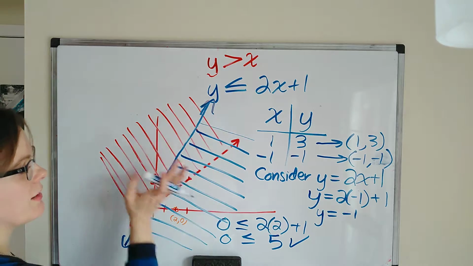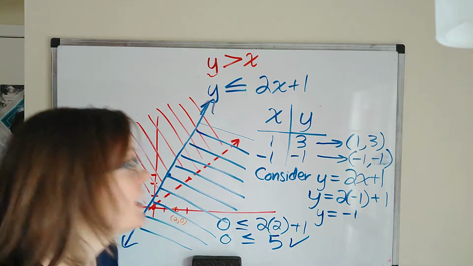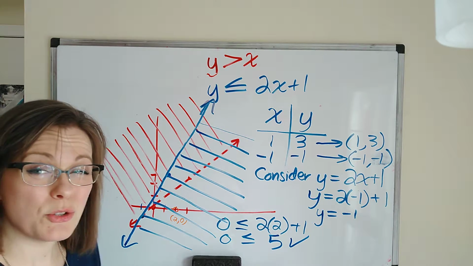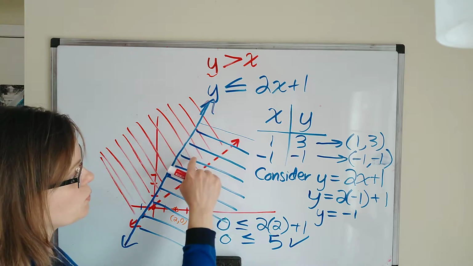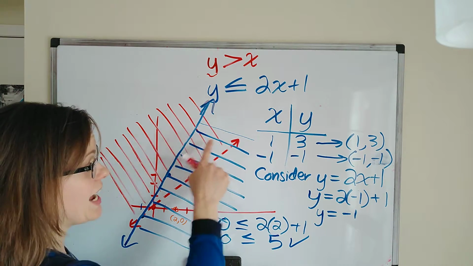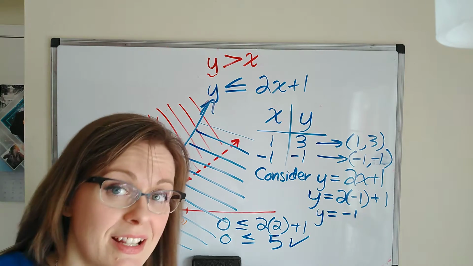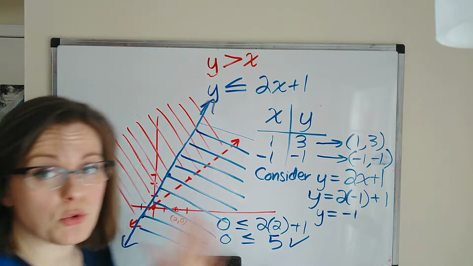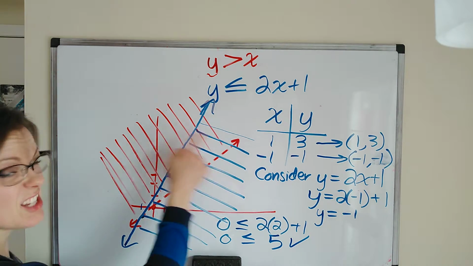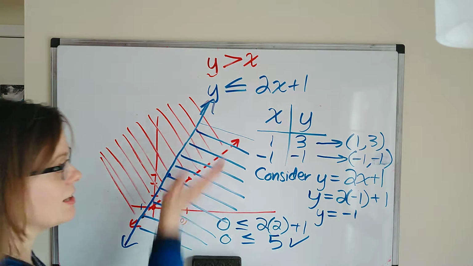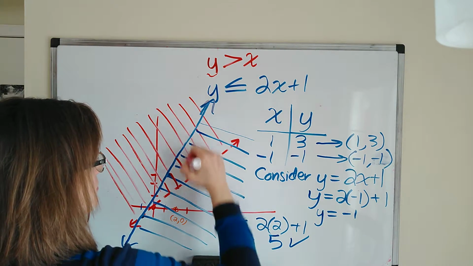So now I've graphed my first linear inequality, I've graphed my second linear inequality, and I see that my solution set is this space right here. It's where the red shading overlaps with the blue shading. So my final answer here, if I were to graph the solution set, it would be these 2 lines and the shading that we see over here in between them. And that's the method we use.